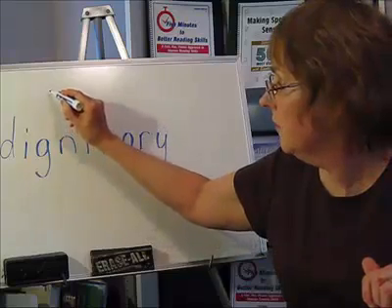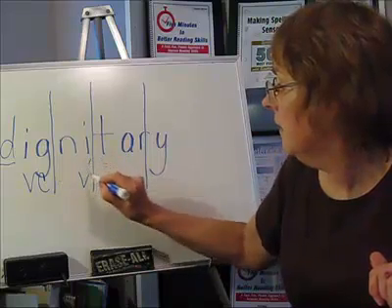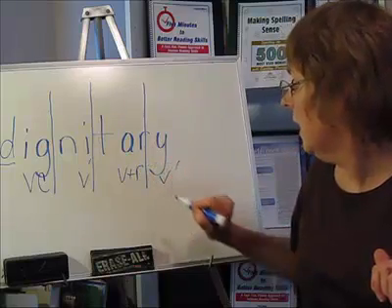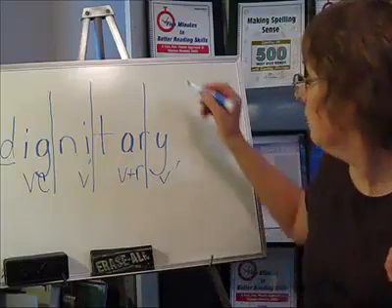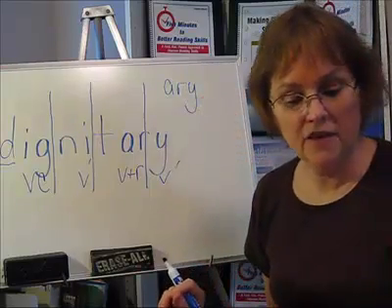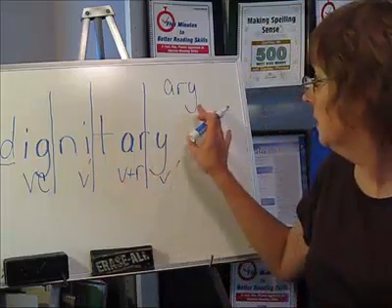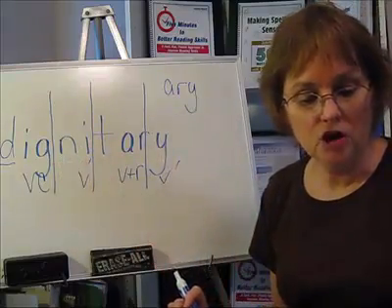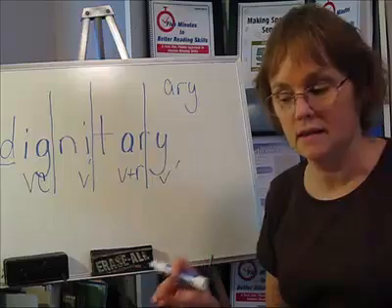And so we have beginning sound, vowel consonant pattern, vowel accent pattern, vowel plus R, vowel accent pattern. And in this particular lesson, we're actually working with the suffix ARY. And that suffix means related to or connected to. And so dignitary is going to be connected to the root word, which would be dignify. So we have a whole list of words that have the ARY as the suffix.